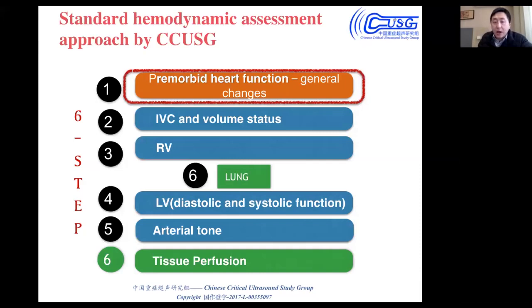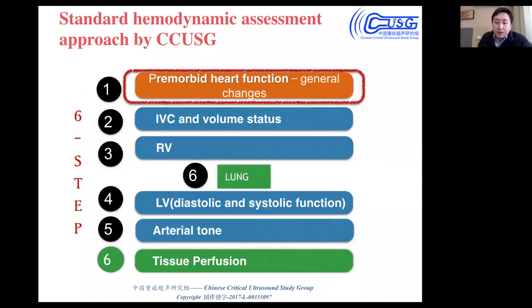Firstly, the premorbid heart function, and we should assess the general changes. Second, we should assess the IVC and volume status. Third, we should assess the right ventricle, the function and the structure.